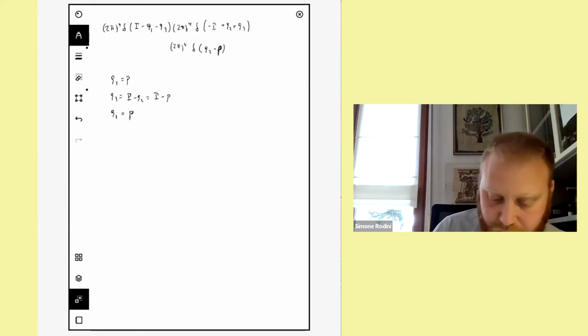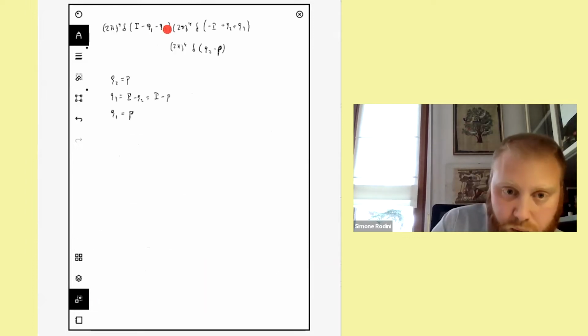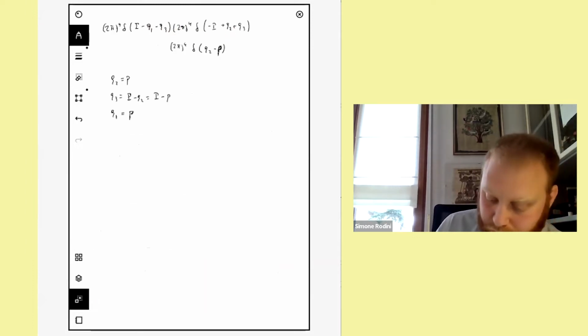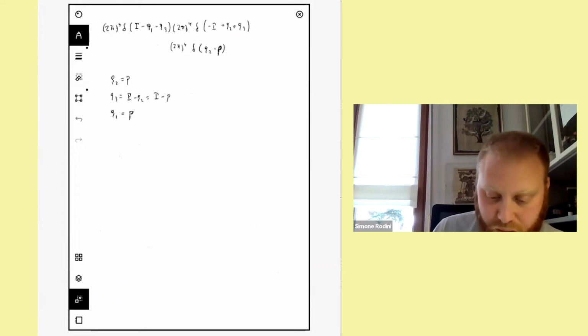So there is really nothing there. The factors of 2π are cancelled with this (2π)^{-12}. The deltas are removed by integrating over q1, q3, and q2. So all these integrals are also removed by the deltas. So you are left basically with a prefactor, integral over p minus, of whatever is here computed with the correct q's.